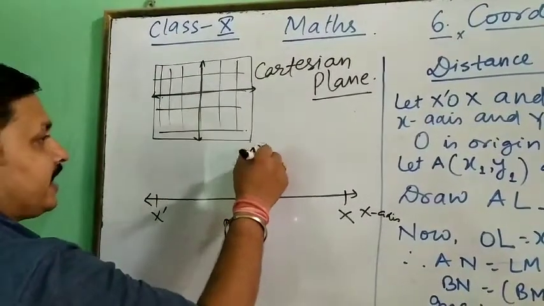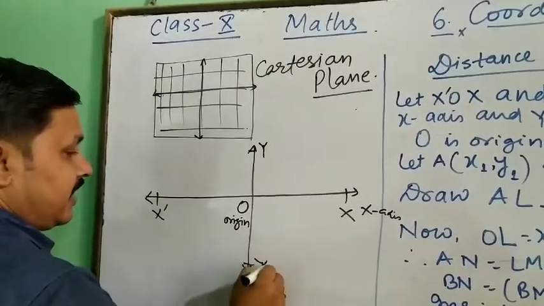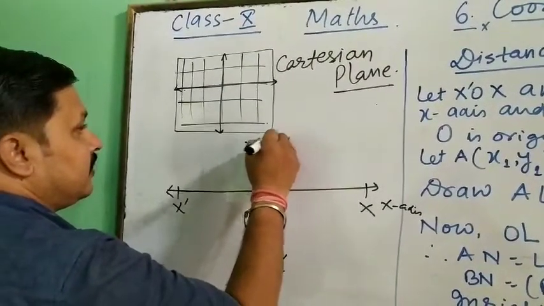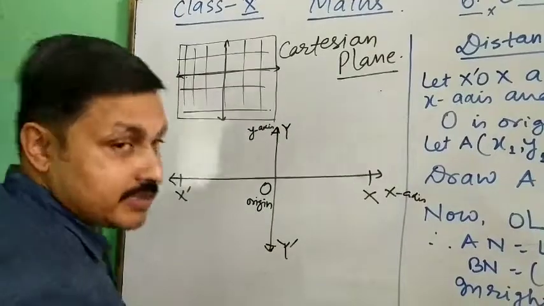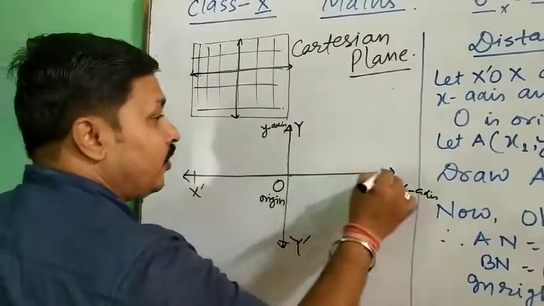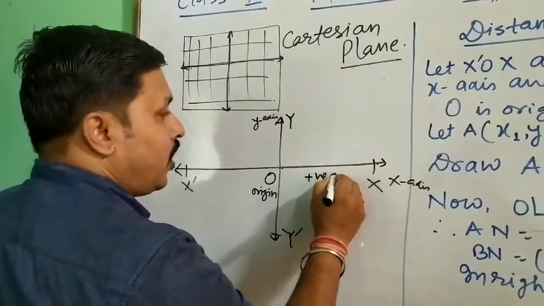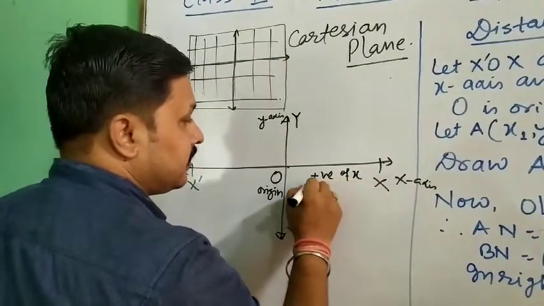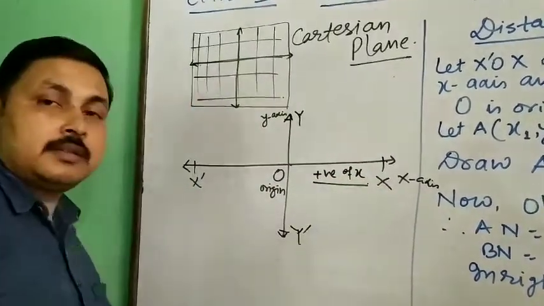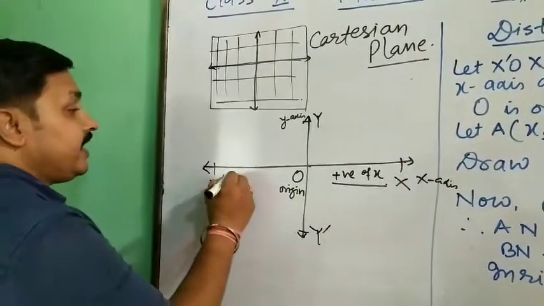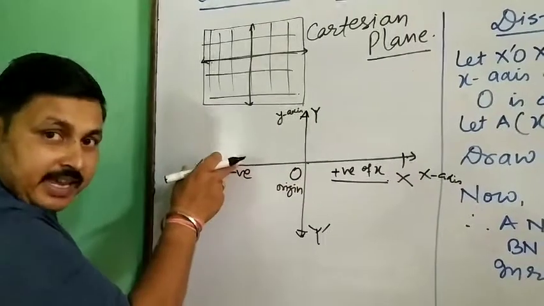This is the y-axis, Y and Y'. OX is the positive line of x and this is the negative line of x.